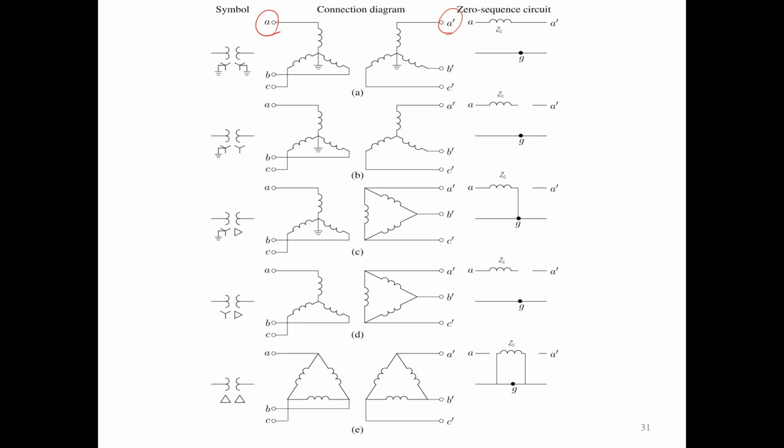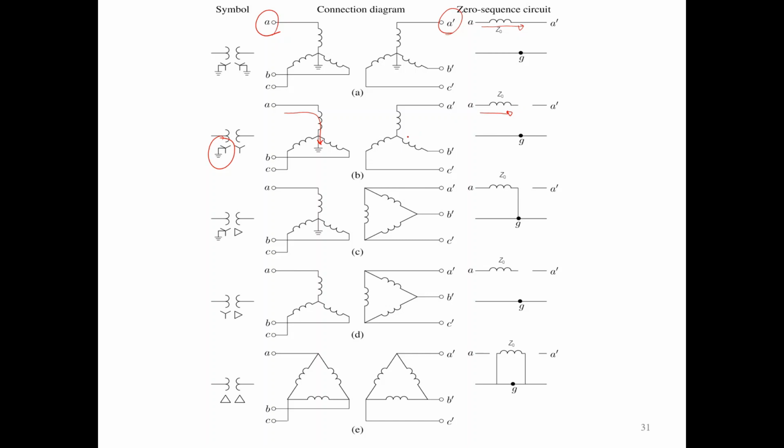Now if you have Y and Y on primary and secondary, but the primary is grounded and the secondary is ungrounded, there is a possibility of the zero sequence current I0 to flow to the ground on the primary side, but it is not possible to flow out of the secondary side.